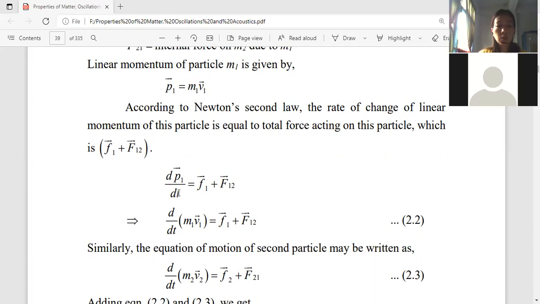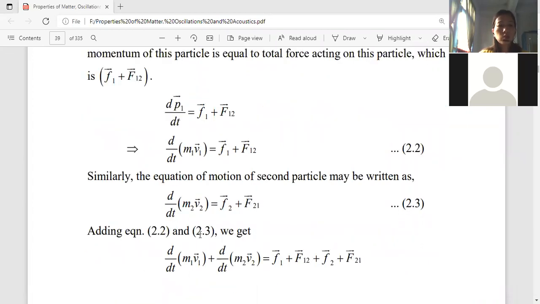Now we are dealing with the particle of mass m1. This is the rate of change of momentum, equal to the total force acting on the particle. So instead of p1 we put m1 v1 vector here.